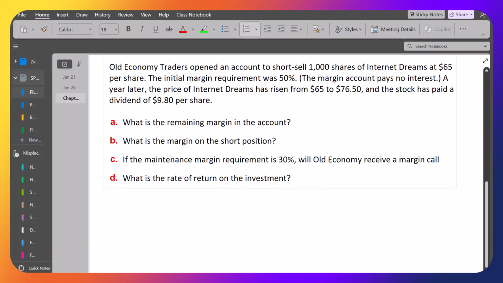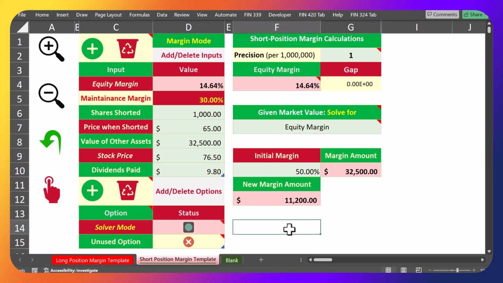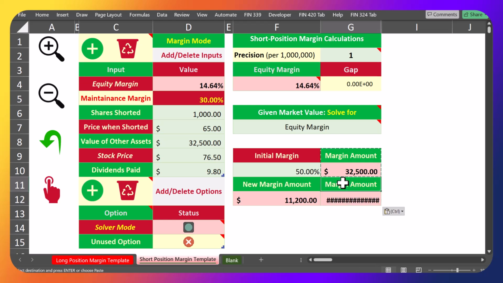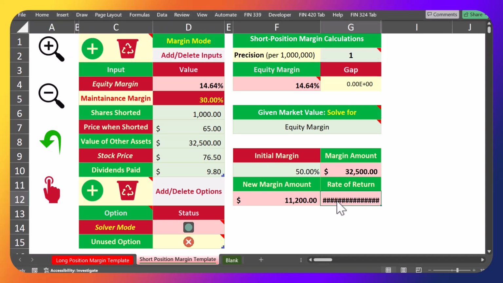What is the rate of return on the investment? Well, that's easy to calculate. Let's call this rate of return. We're going to make this into percent. Well, I have only 11,200 left in the account.